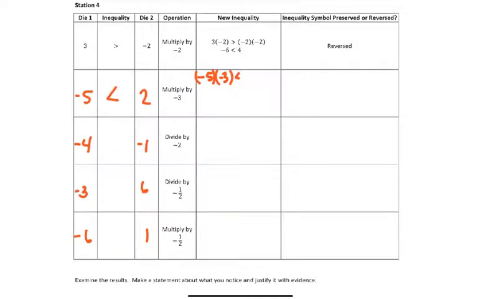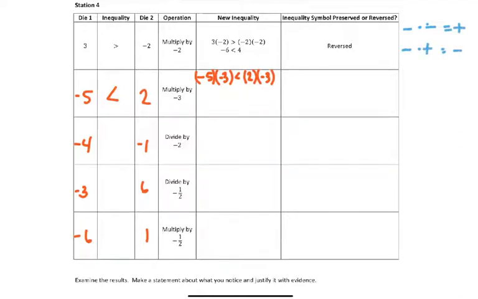And on the right side, and I'm keeping my inequality symbol the same, I'm multiplying 2 by -3. So when I carry out this operation, remember that a negative times a negative is a positive, and a negative times a positive is a negative.